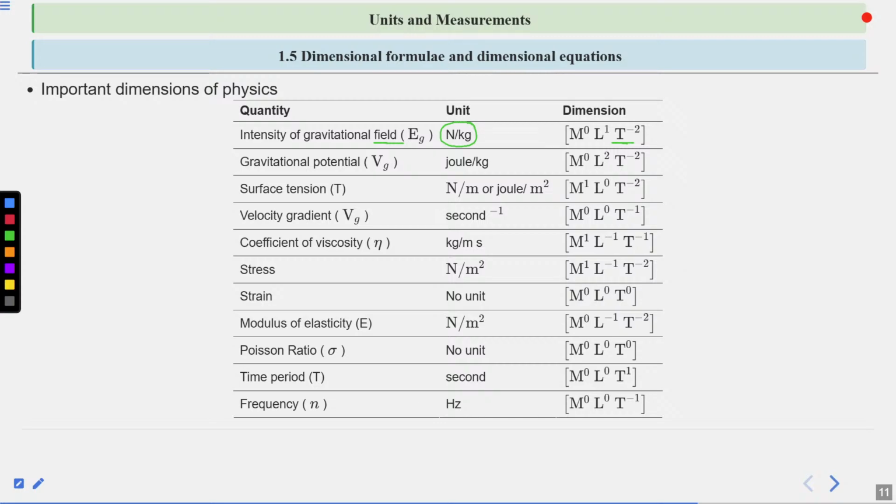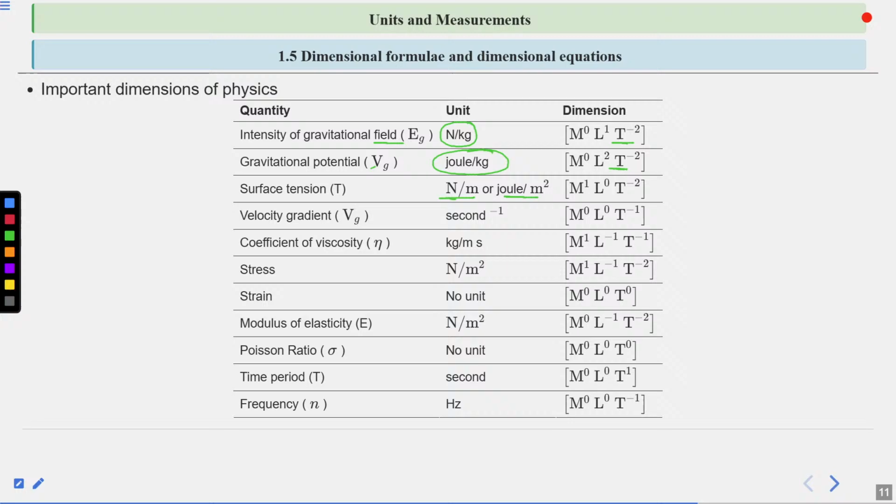Gravitational potential, unit is joule per kg, and its dimensional formula is M0 L square T raised to the power minus 2. Surface tension, Newton per meter or joule per meter square, so its dimensional formula is M1 L0 T raised to the power minus 2.